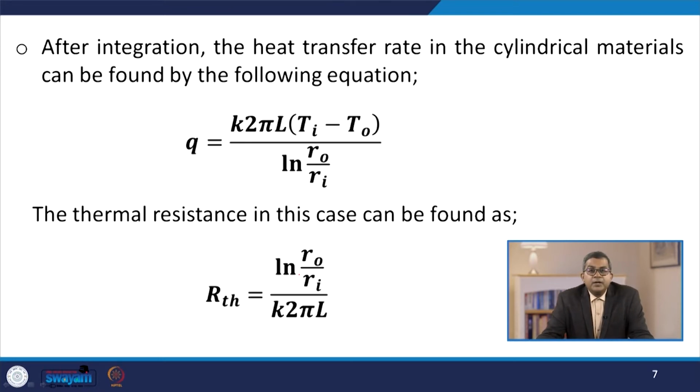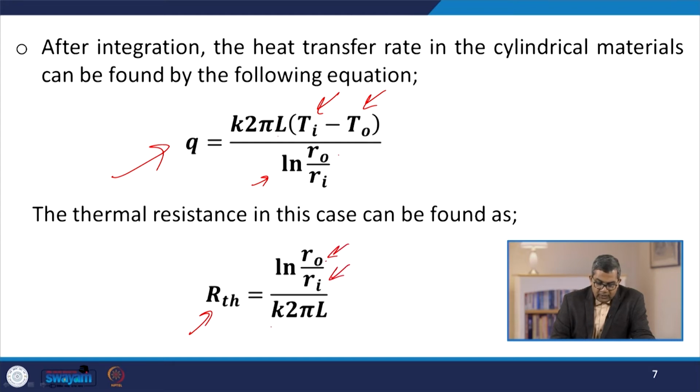After integration, the heat transfer rate in the cylindrical material is Q equal to K 2 pi L (Ti minus T0) over ln(R0 over Ri). The thermal resistance in this case can be written as R_th equal to ln(R0 over Ri) over K 2 pi L.